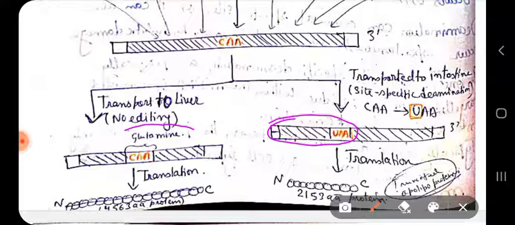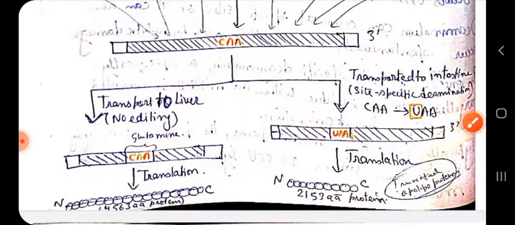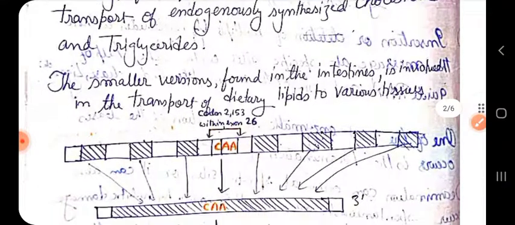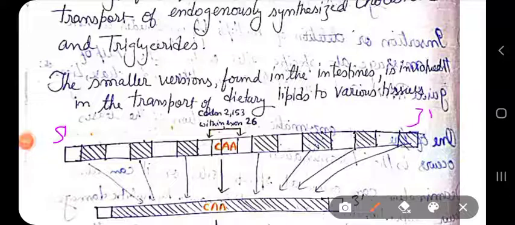Thus within the exon number 26, if I say codon number 2153, from the 5 prime end to 3 prime end, then that CAA found within the exon number 26 is deaminated to form UAA, which codes for the stop codon, and as a result, there will be translation of a partial sequence of the mRNA that gives rise to a truncated protein of apolipoprotein B, which is now called apolipoprotein B48.